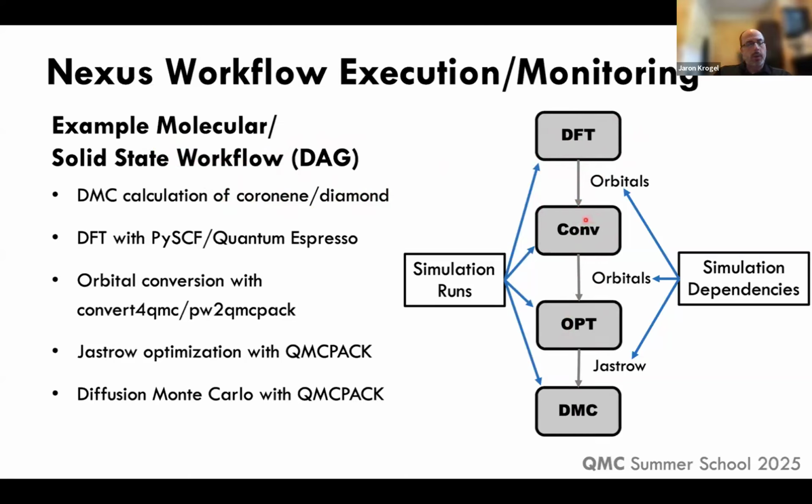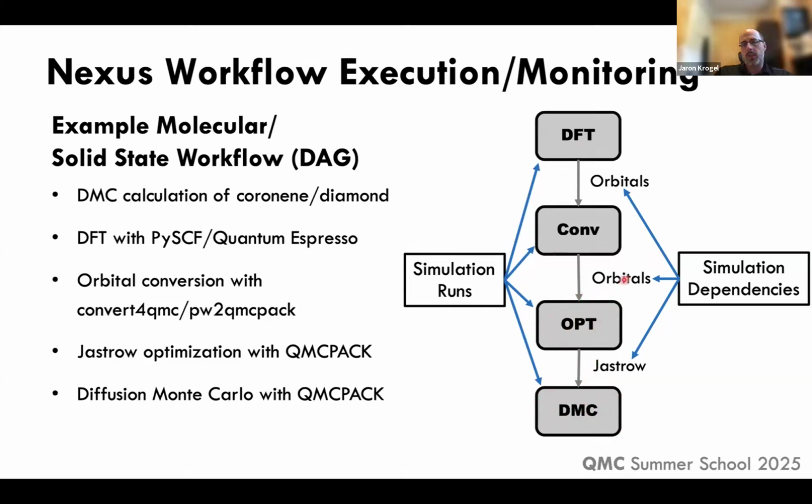Next, you'll convert, say, the orbitals that comprise the Slater determinant with convert4qmc or pw2qmcpack to convert from the native format into one that QMCPACK can read. You might perform Jastrow optimization with QMCPACK and then feed that Jastrow into DMC for a final run there. So each of these boxes is just a simulation run.